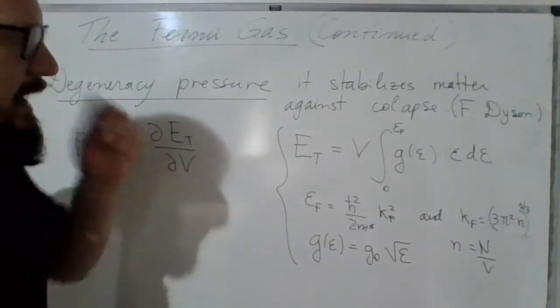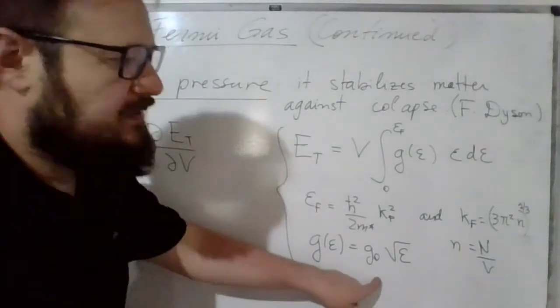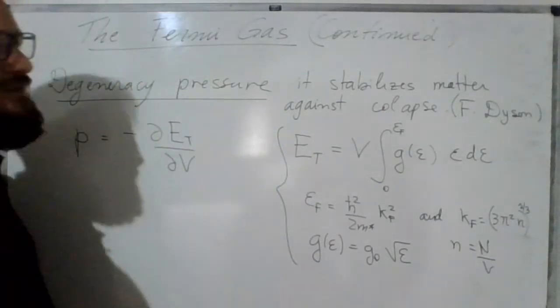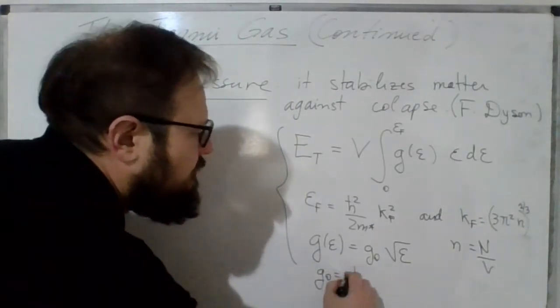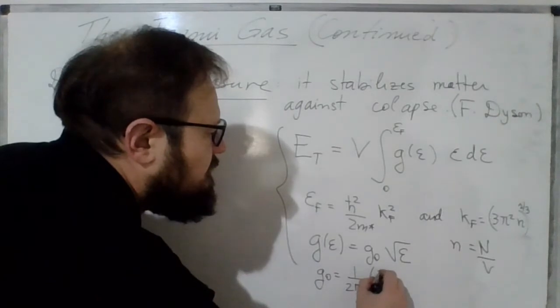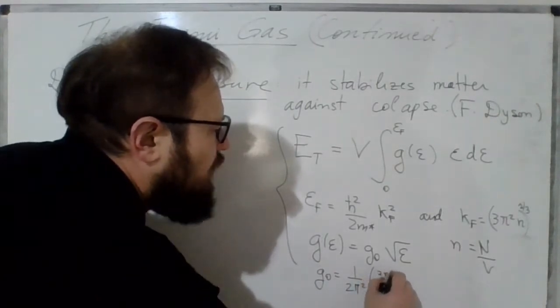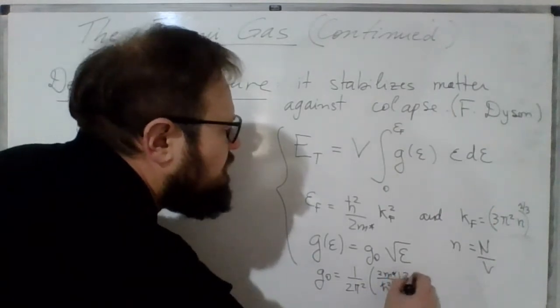All right, and this G0 here is a constant which for 3 dimensions we already showed is 2 pi squared, and here is twice the effective mass divided by h bar squared to the 3/2.